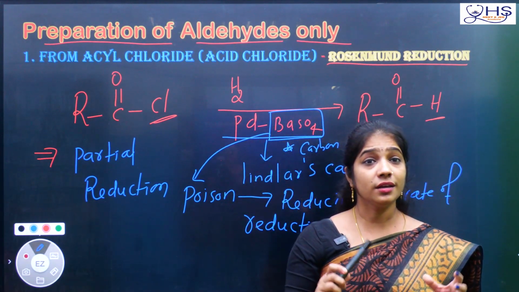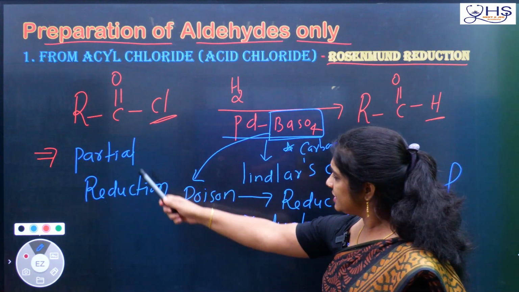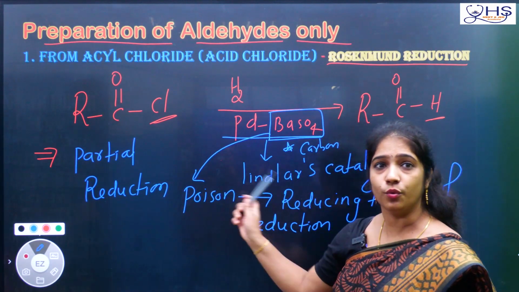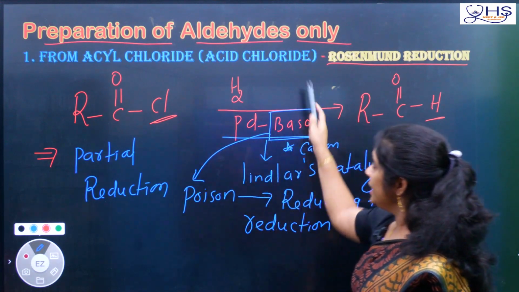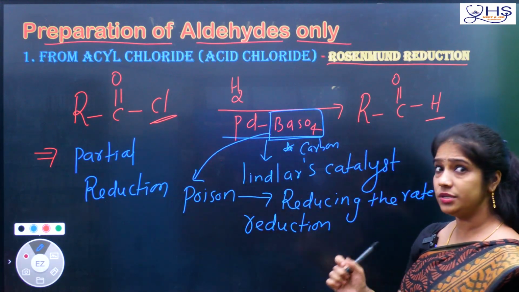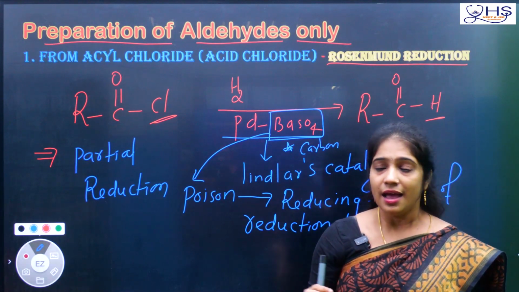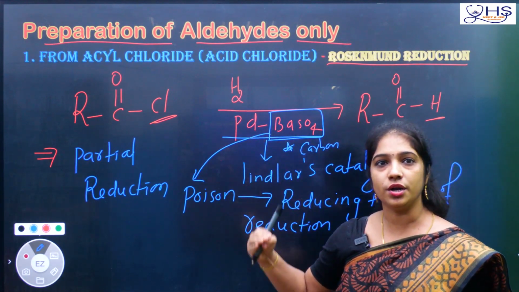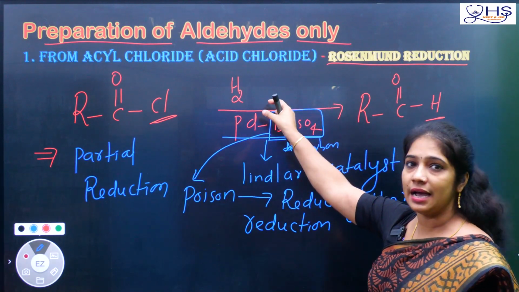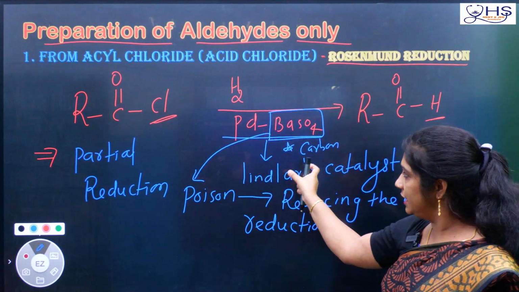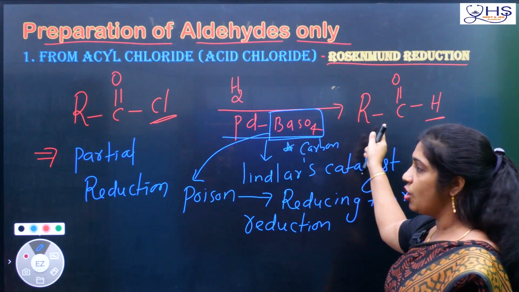See children, organic reactions. This sentence formation you can do on your own. Just learn the equation. What is the reactant? What is the reagent? What is the product? You just remember that and practice that. So acid halide, when we pass hydrogen gas in the presence of Lindlar's catalyst, it gives us aldehyde.